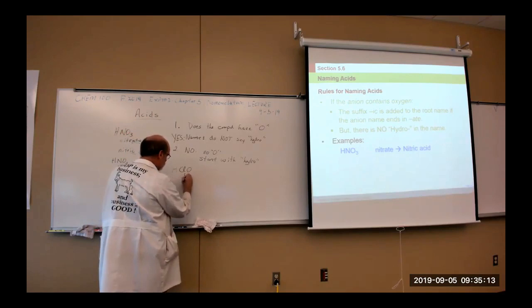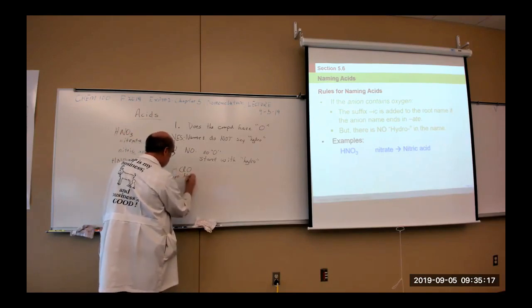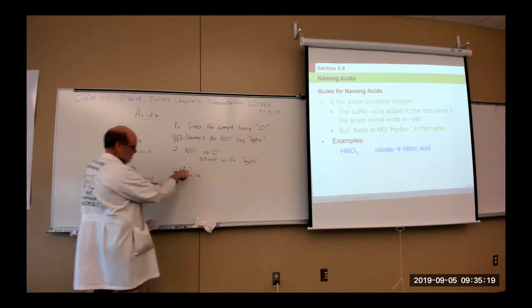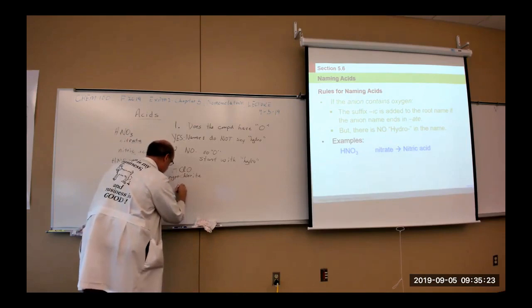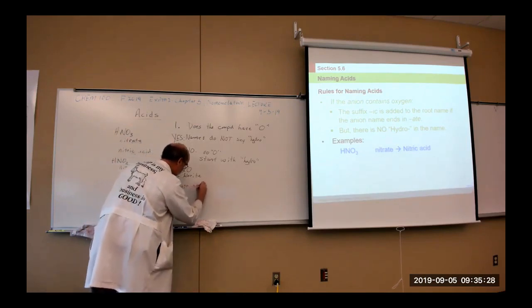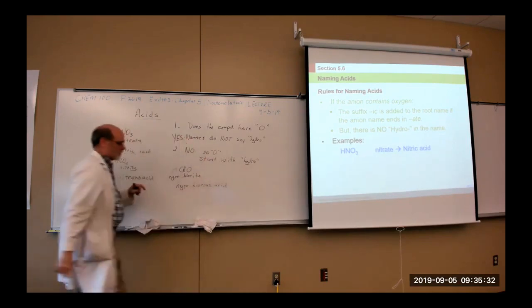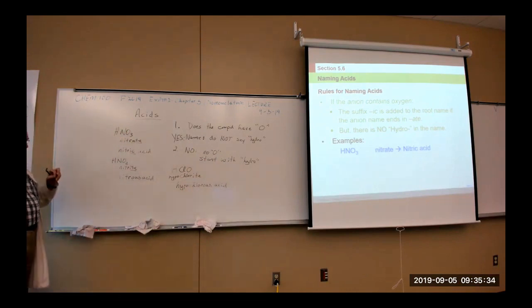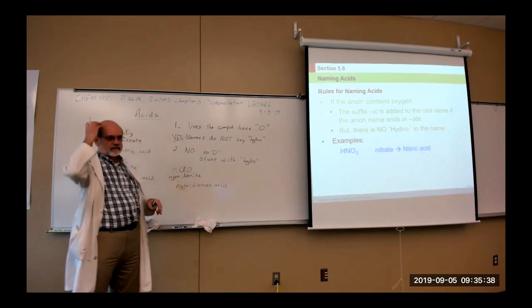This is the hypochlorite polyatomic. So we say hypochlorous acid. Okay. Ite still becomes ous, but we don't throw away the hypo.